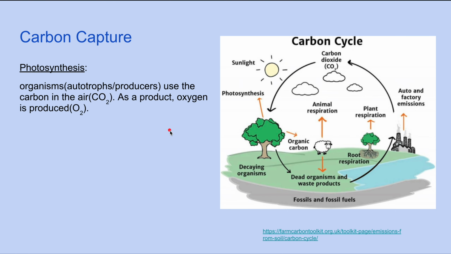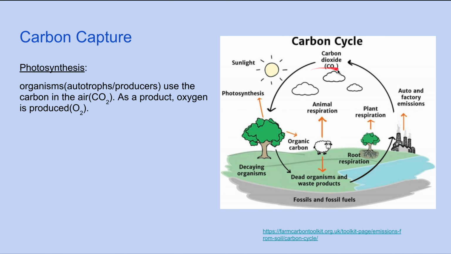So let's talk about photosynthesis. As we know, photosynthesis is how organisms like plants, maybe even small bacteria, what we call autotrophs and producers, make their energy and their food. Photosynthesis is taking carbon dioxide from the air and converting it into glucose.